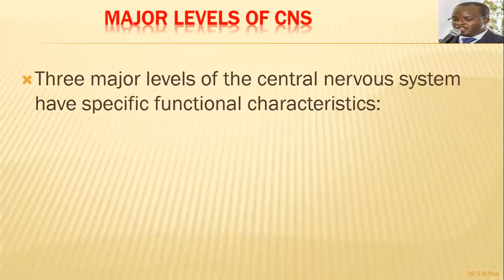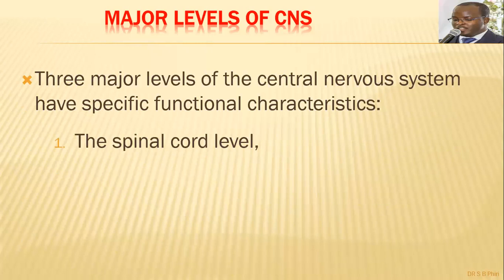Okay, so with that information, let's look at levels of the central nervous system. So the major levels of the central nervous system. There are three major levels. Like I said, three major levels of the central nervous system have specific functional characteristics.